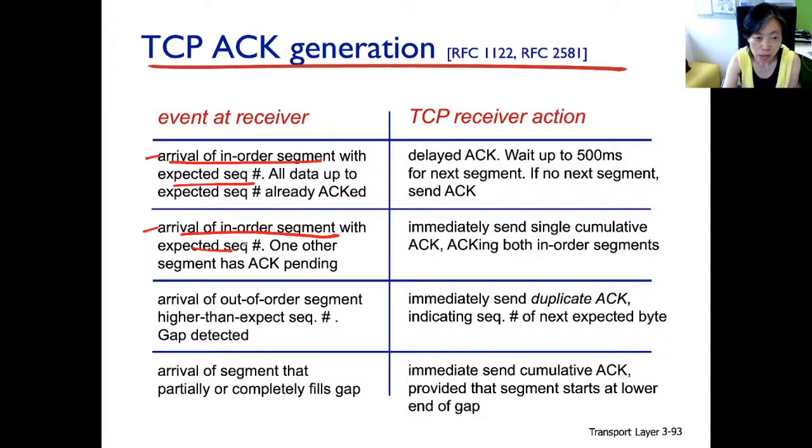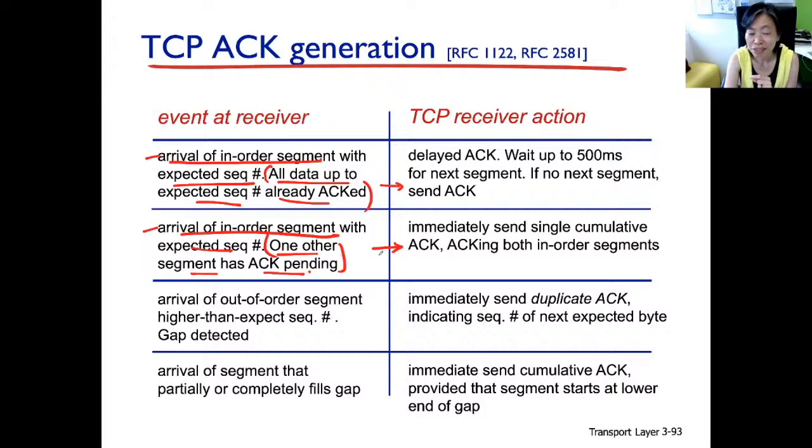But at TCP's receiver, how we send the ACK back depends on the second condition here. In event number 1, when all data up to the expected sequence number are already ACKed, then we do one thing. If one other segment has an ACK pending, meaning we should be sending an ACK out but we haven't sent it out yet, then we do this.